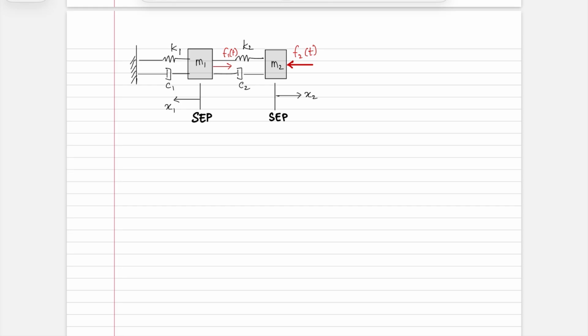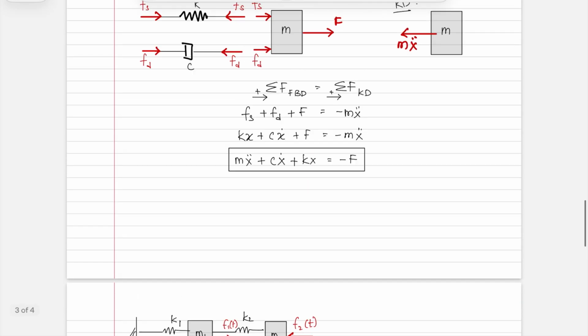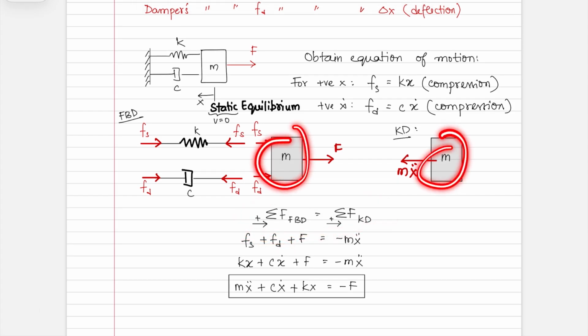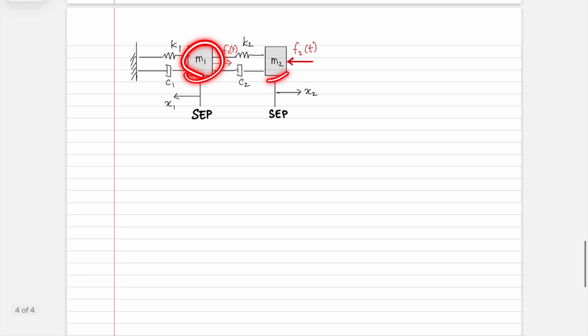First, can we just think about how many equations of motion you are going to arrive at? Just think through the process. We applied Newton's law here, and we did that for this mass here. We got this equation of motion. If you now do it for this, you have two masses, so you'll have two kinetic diagrams and two equations.